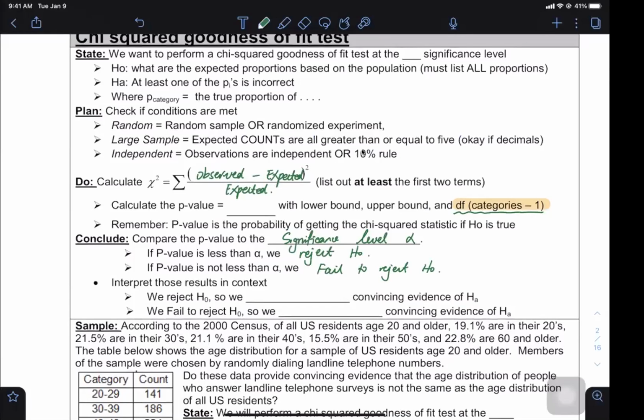If we reject H0, we have convincing evidence for HA. But if we fail to reject H0, that means we do not have convincing evidence for HA. So the rules for reject and fail to reject are the same, but only the test statistics are different now. So any questions?